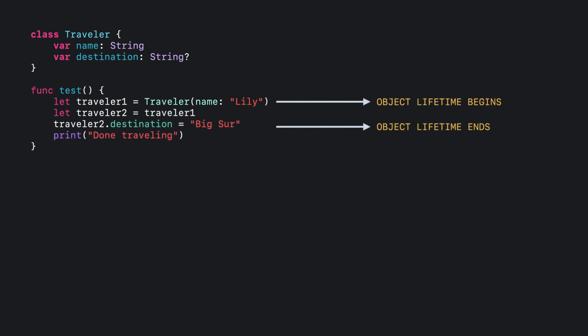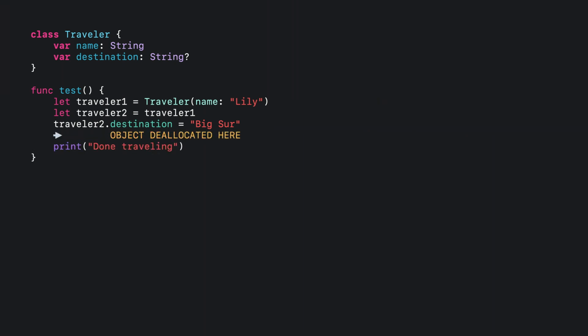Object lifetimes in Swift are use-based. An object's guaranteed minimum lifetime begins at initialization and ends at last use. This is different from languages like C++, in which an object's lifetime is guaranteed to end at the closing brace. In this example, we saw the object was deallocated immediately after the last use.